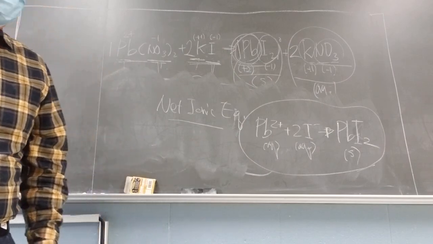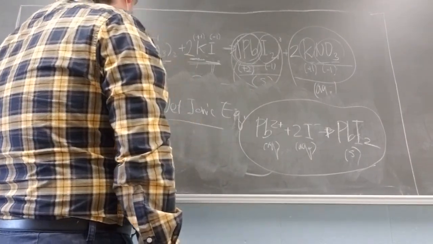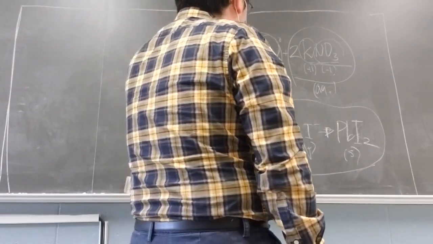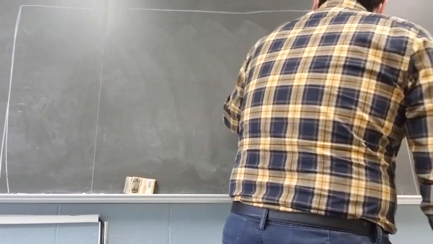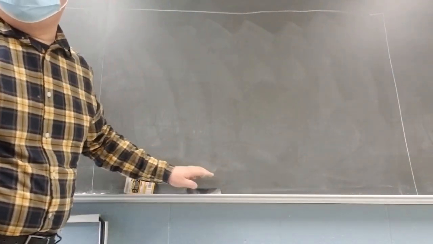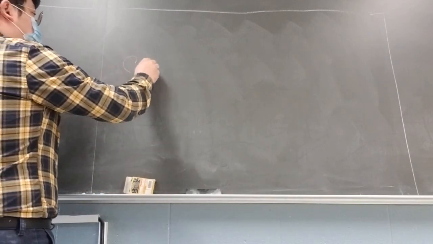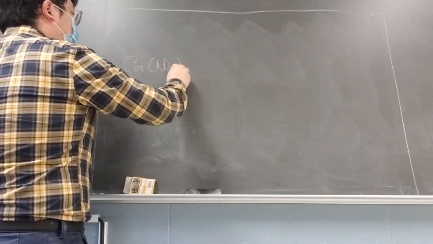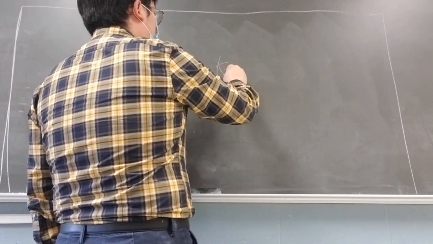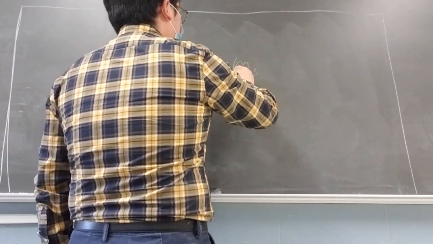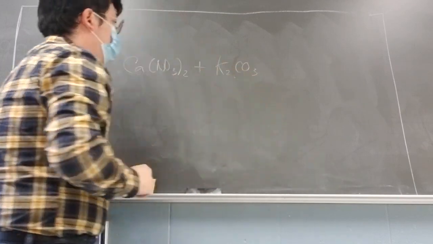Okay, and this time I'll let you try, and we can do this together anyway. Don't worry about it. Okay, so I'll give you about maybe 2 minutes. So let's try calcium nitrate and potassium carbonate. Try this one, okay?